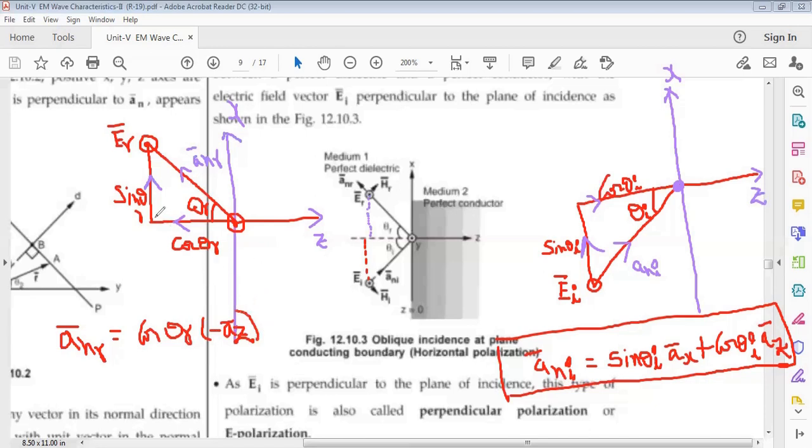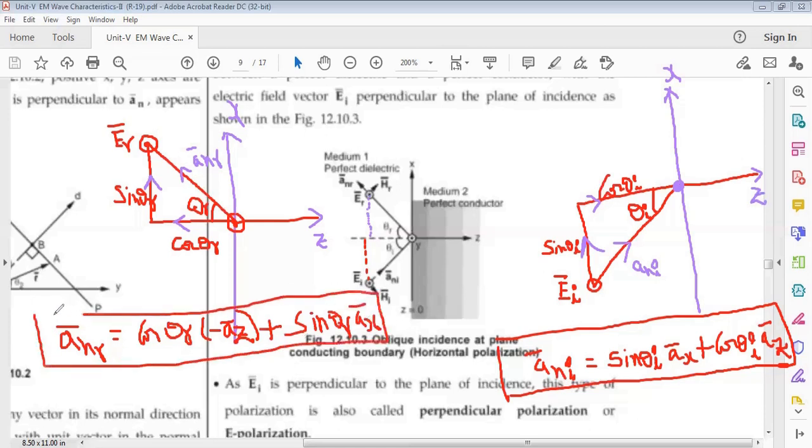And the sine theta R, so this is a sine theta R. Sine theta R is traveling in the positive x direction only. So plus sine theta R into AX bar. Sine theta R into AX bar. Got it, my dear students?